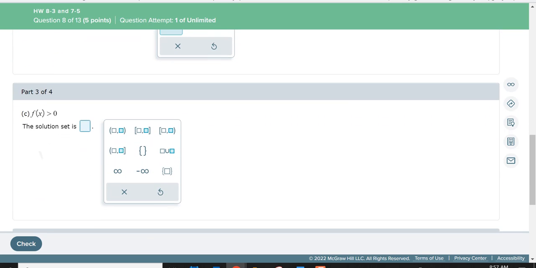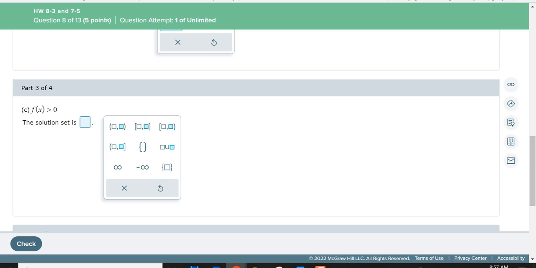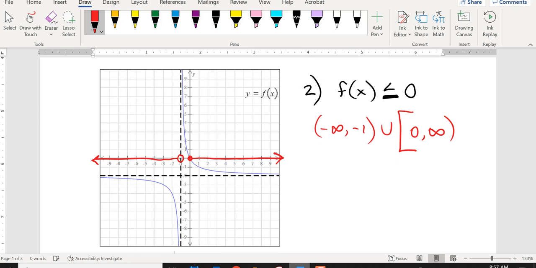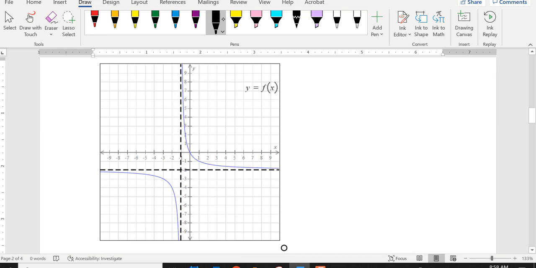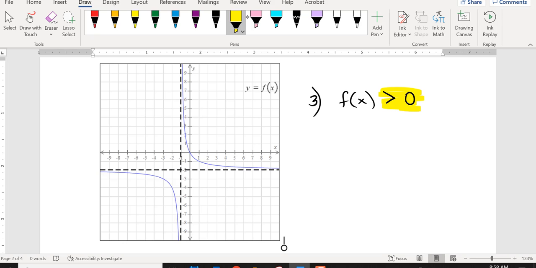Okay, part 3, it's asking where is f of x greater than 0? Where is the function greater than 0? This is asking where the y values are above the x-axis.